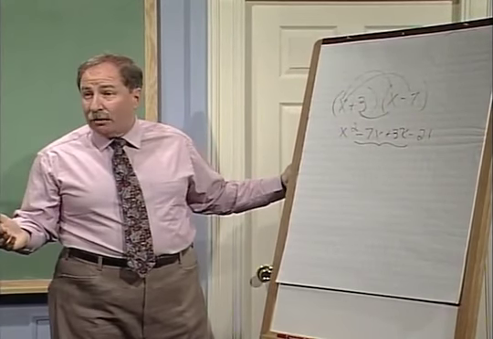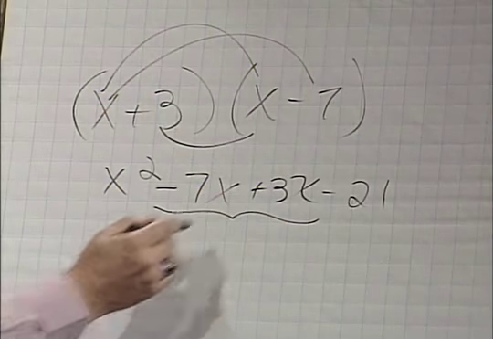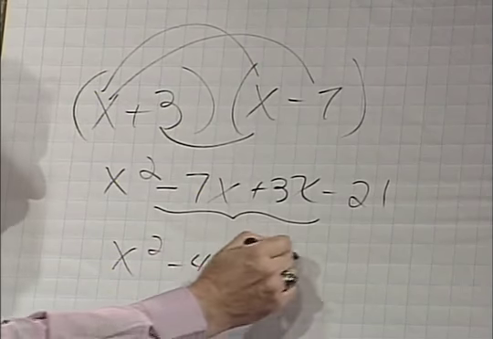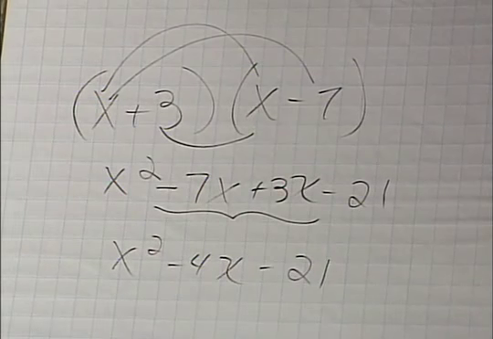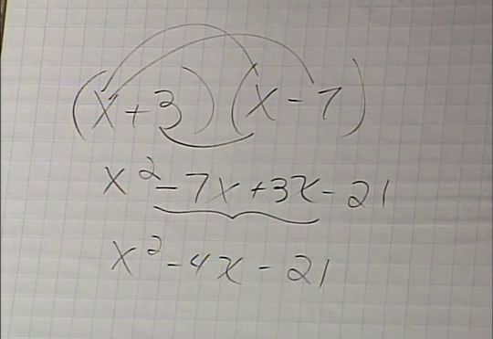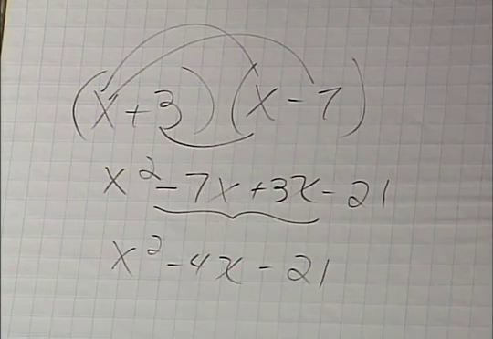Same place value, I can combine them. x squared minus 7 plus 3 is minus 4, minus 4x. So again, my thinking was correct. Because I had opposite signs, that's going to be negative. Since the negative was the larger of the two numbers, my middle term is going to have a coefficient that's negative, and it's going to be the subtraction of those two numbers.